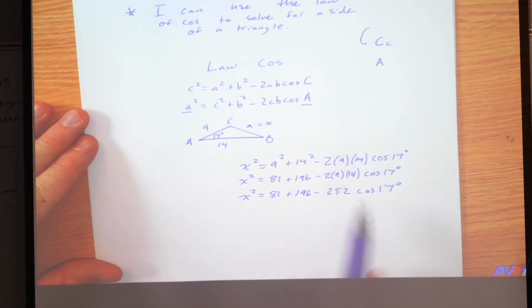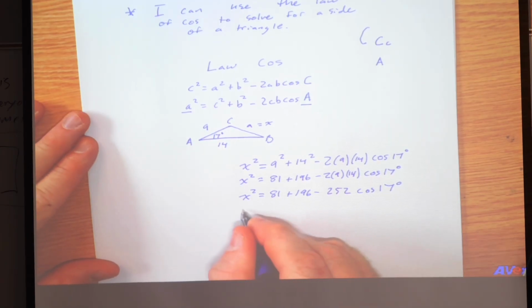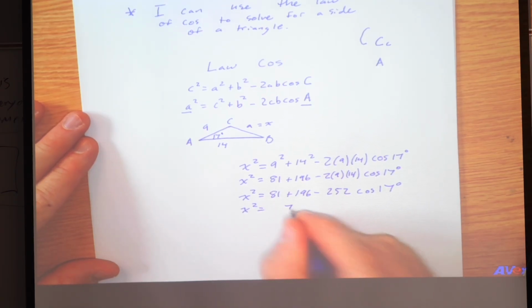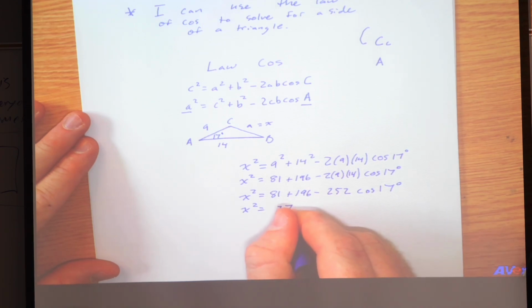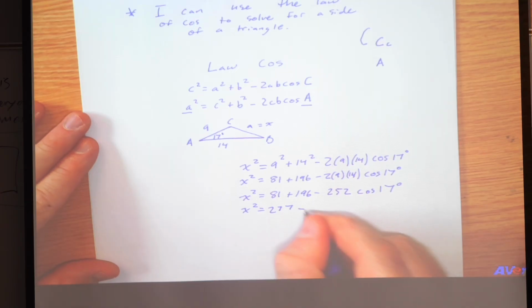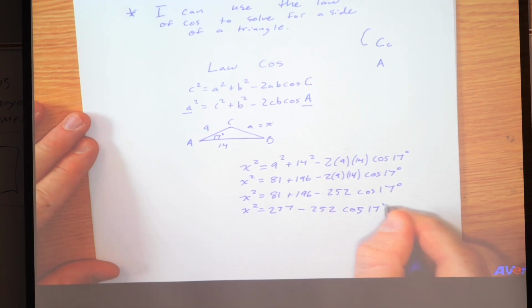We still have multiplication here, but again, we can save that to the end once we plug it into the calculator. So we're going to have x squared equals 1 and 6 is 7, no carry, 9 and 8 is 17, carry my 1, is going to be 277 minus 252 times cosine of 17 degrees.